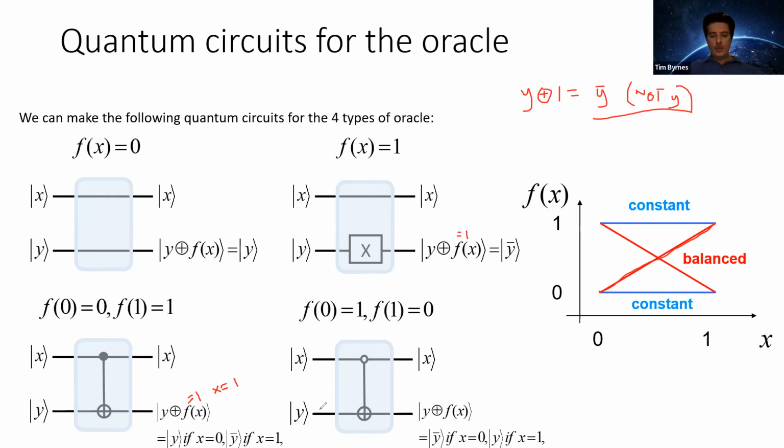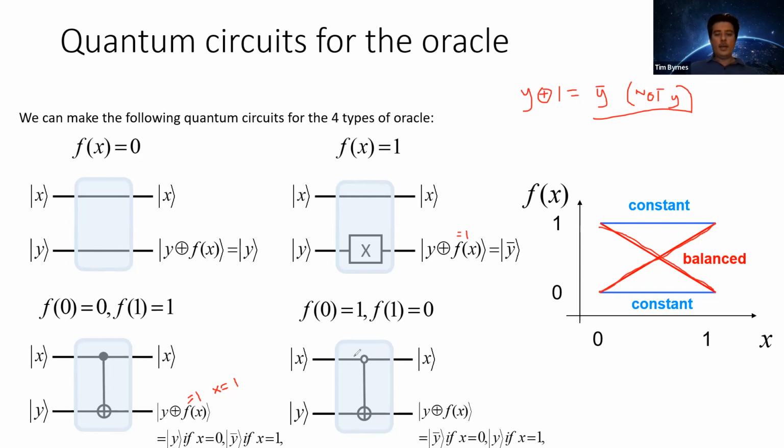Now, this one is basically the reverse function of the one that we just discussed, because f of x is actually 1 when x is 0, but it's 0 when it's 1, right? I haven't introduced this circuit yet, but this is like an alternative version of the C naught gate.